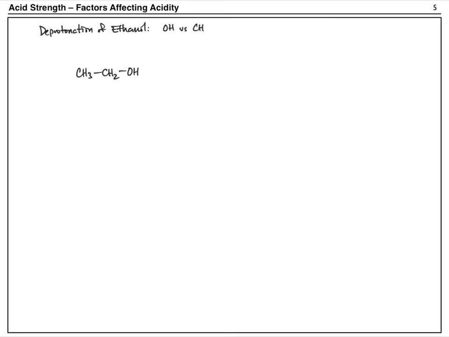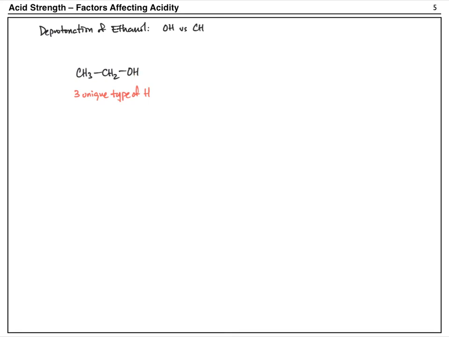And if we do our standard exercise that we've done so far in this class, we can see that this molecule has three unique types of hydrogen. So we can identify those. We have a methyl group, a methylene, and an OH. So those are the three types. They occur in a ratio of 3 to 2 to 1.